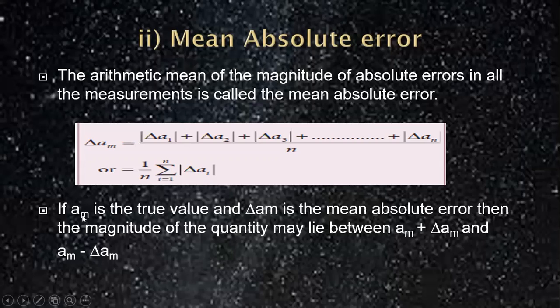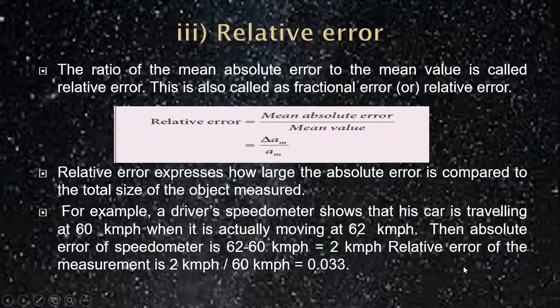Here AM is the true value and delta AM is the mean absolute error. Then the magnitude of the quantity lies between AM plus delta AM and AM minus delta AM.